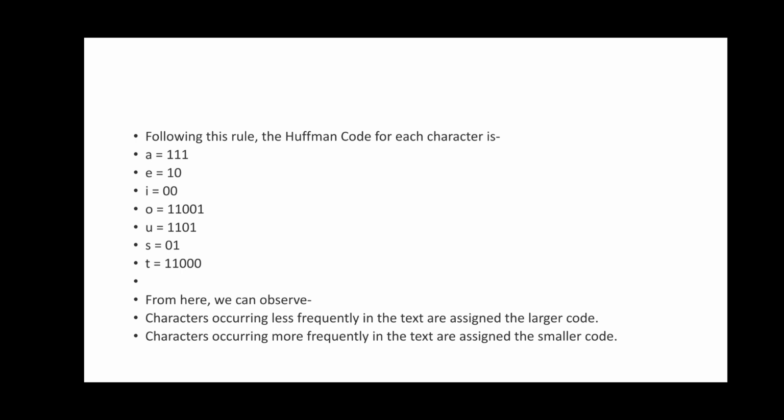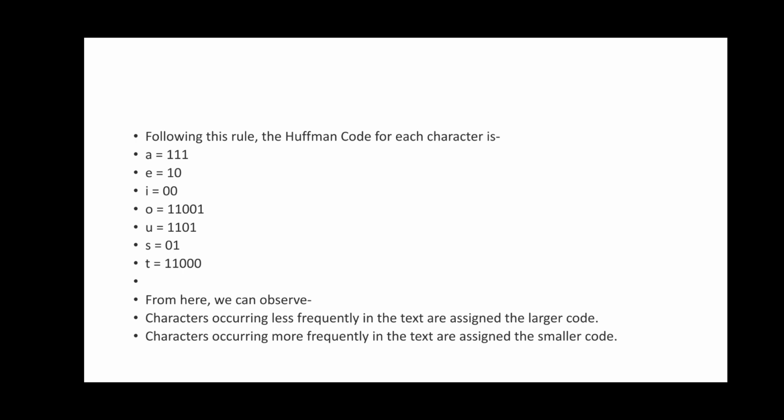From the given tree we have found the Huffman code for each character: for A it is 111, E 10, I 00, O 11001, U 1101, for S 01 and for T it is 11000.